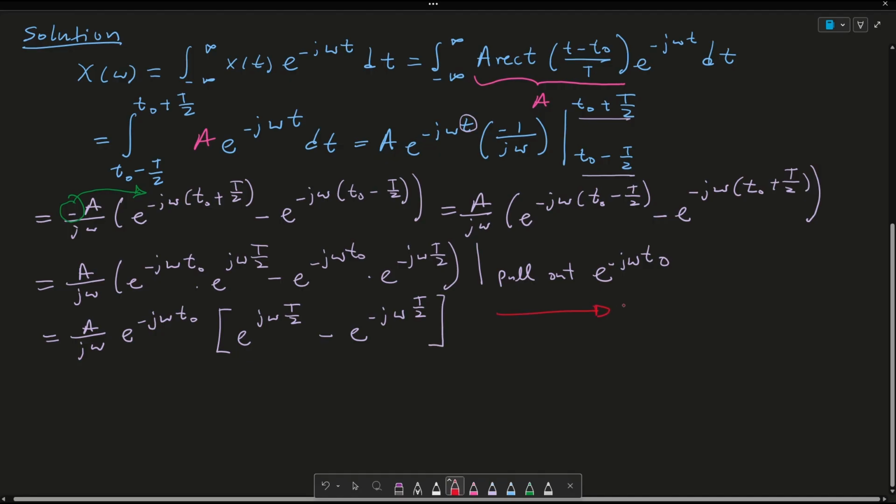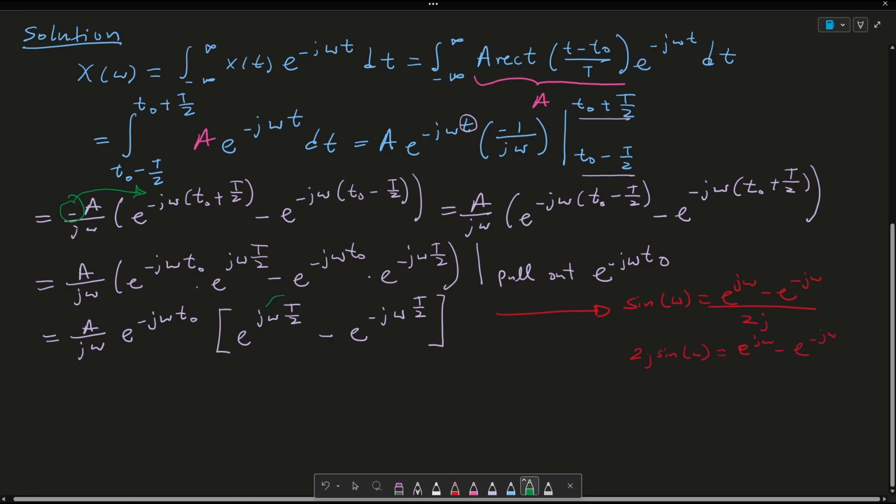And something that we want to note is that sine of omega is equated to (e to the j omega minus e to the minus j omega) over 2j. So what we can say is that 2j sine of omega is equal to e to the j omega minus e to the minus j omega.